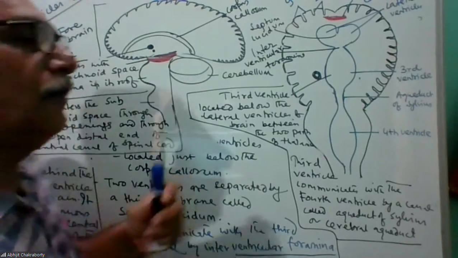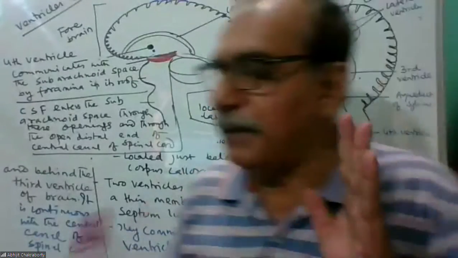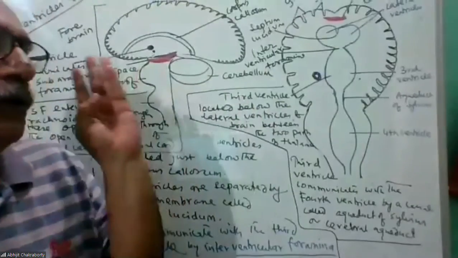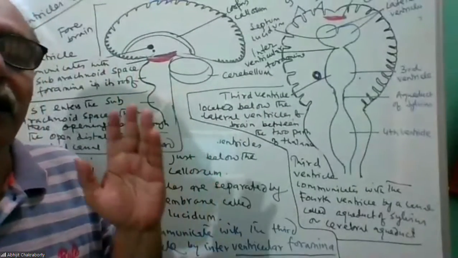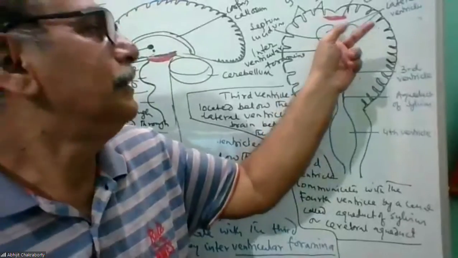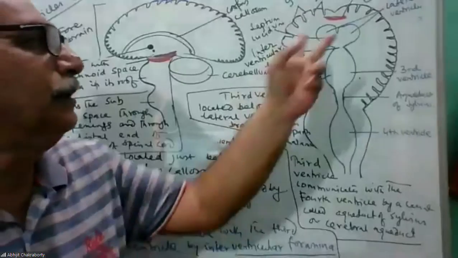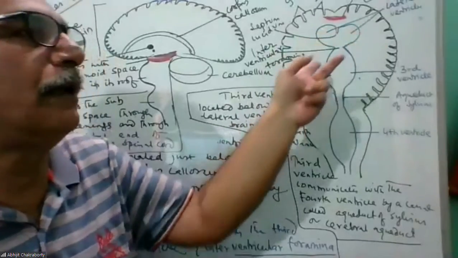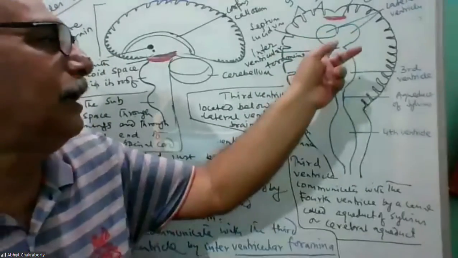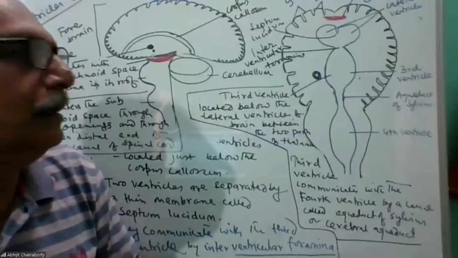Now, whether all four ventricles of brain are completed, is it clear to you? I am just summing it up slowly. Two lateral ventricles are found just below the corpus callosum, separated by a thin membrane called septum lucidum. These two lateral ventricles communicate with the third ventricle with the help of an aperture called interventricular foramina.